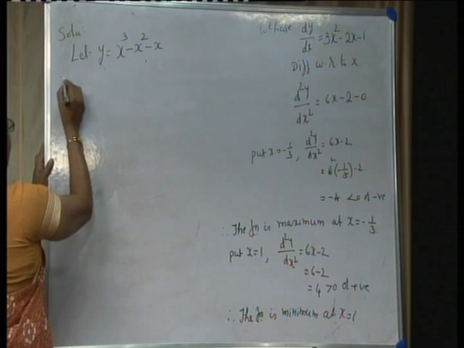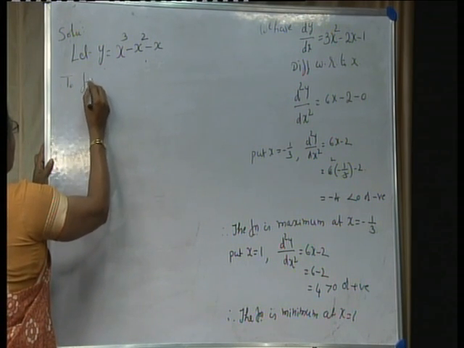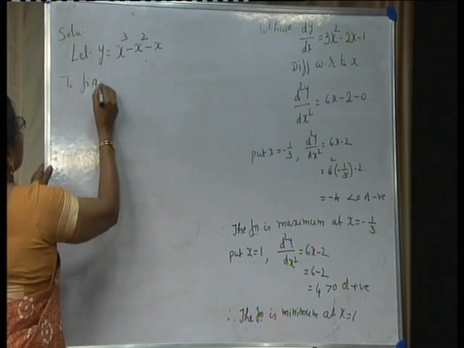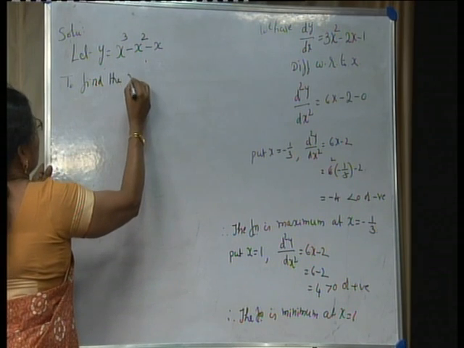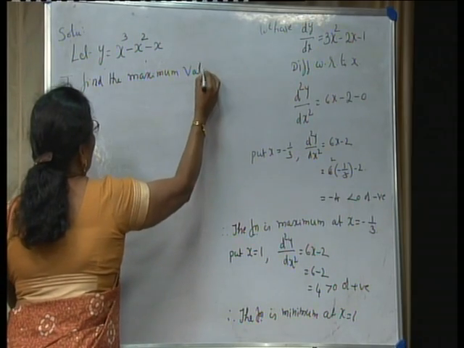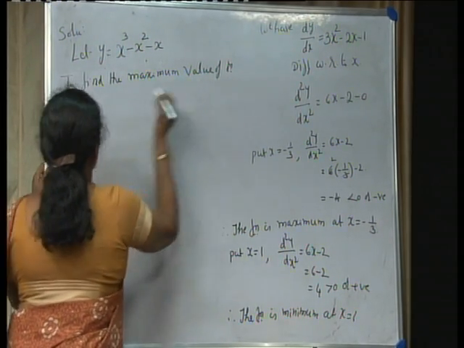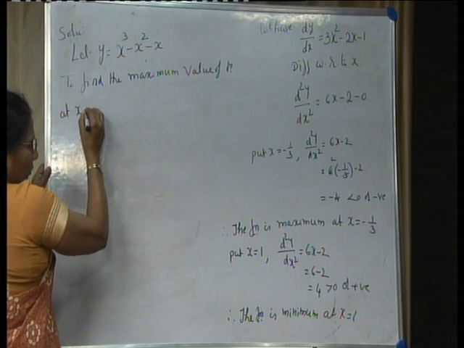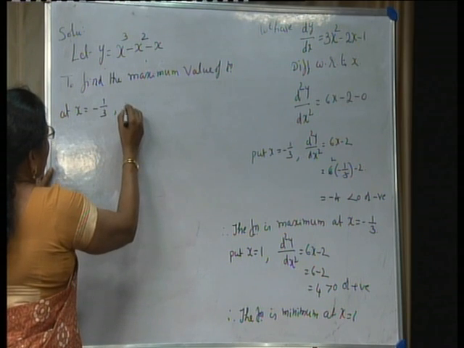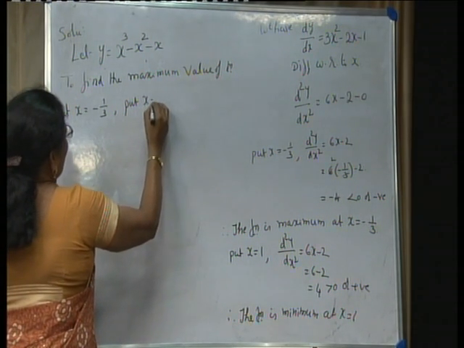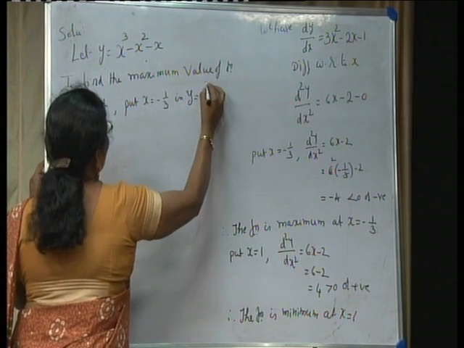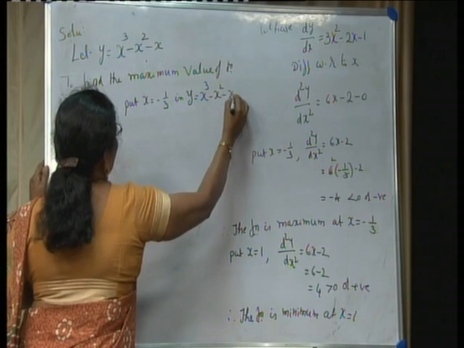To find the maximum value of the function at x is equal to minus 1 by 3, put x is equal to minus 1 by 3 in y is equal to x cube minus x squared minus x.